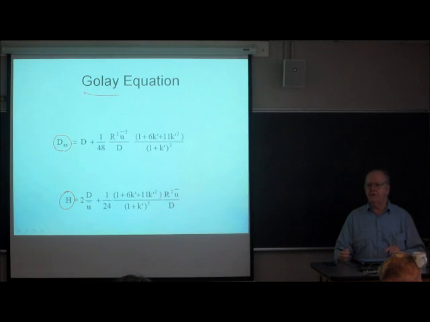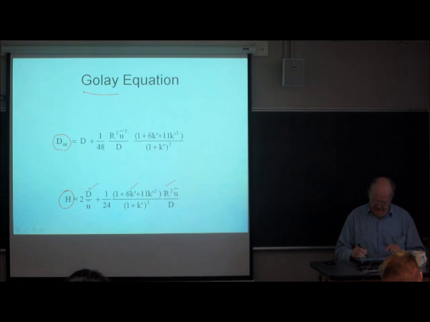Now look at this equation. There are no fudge factors in it. There are no adjustable parameters in it. Everything in it is chemically measurable. There's a diffusion coefficient, radius of the tube, there's the velocity, there's no omegas, there's no lambdas, there's no alphas. And this equation works.